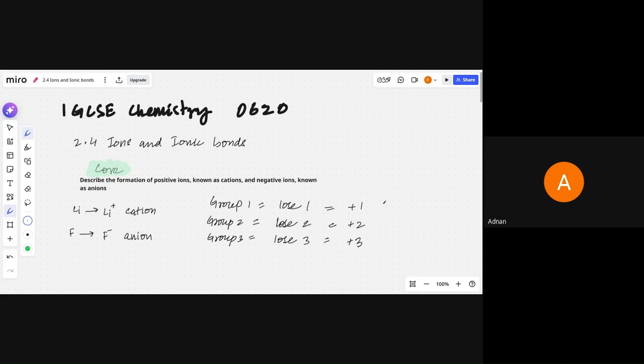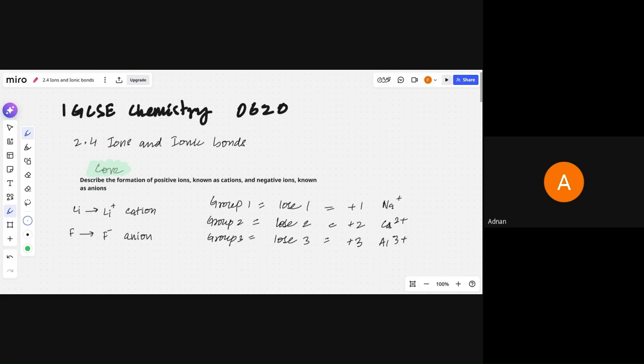An example from group 1 is sodium. Sodium will have a charge of +1. Any member of group 1 will have a charge of +1 when it forms ionic bonds. Group 2, like calcium, for example, will form a 2+ ion. And from group 3, aluminum and all the others will form ions with a charge of 3+.